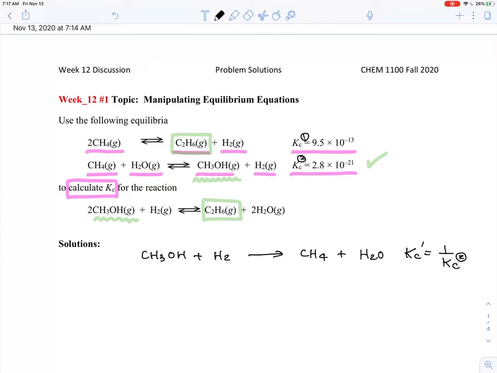I also noticed that there is a coefficient of 2 in front, whereas this one is just 1. So not only do you have to flip the equation, you also need to multiply it by a factor of 2. Then the equation should have the square of those values.